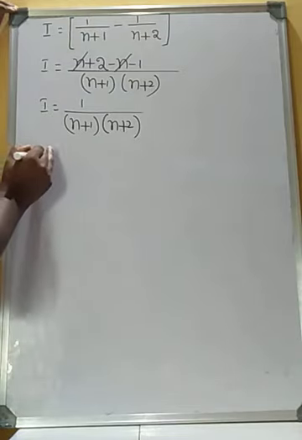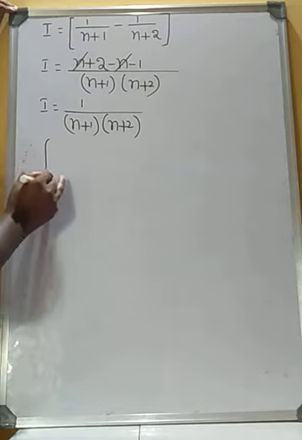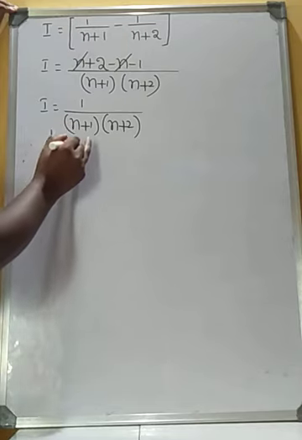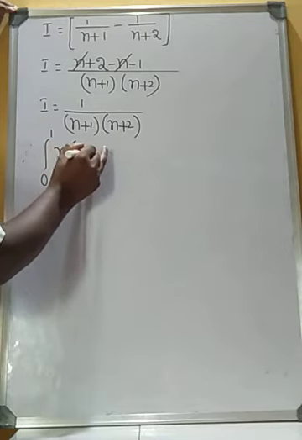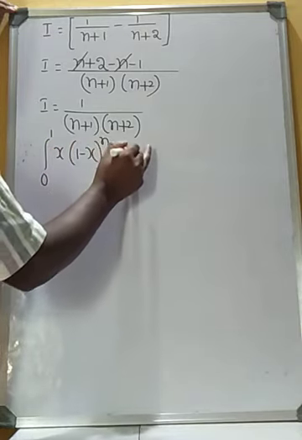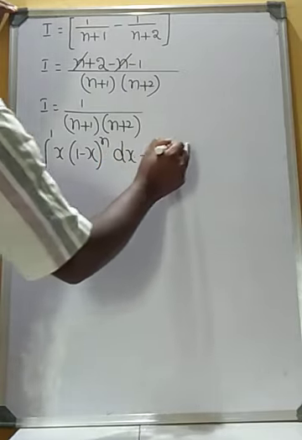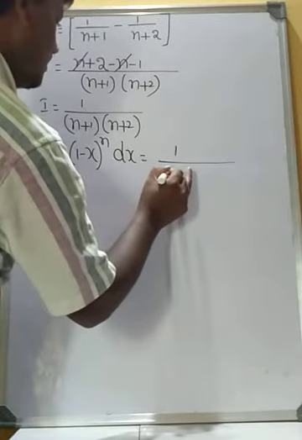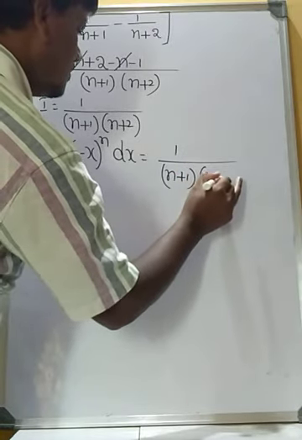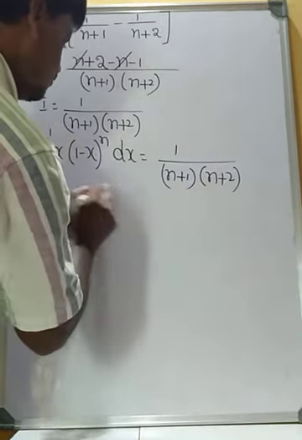Therefore, integral 0 to 1 x into (1 minus x) whole power n into dx equals 1 divided by (n plus 1) into (n plus 2).